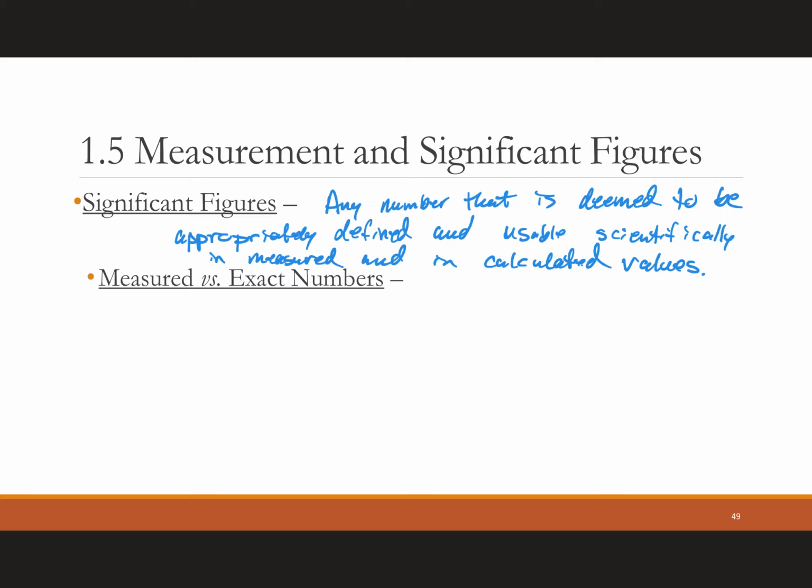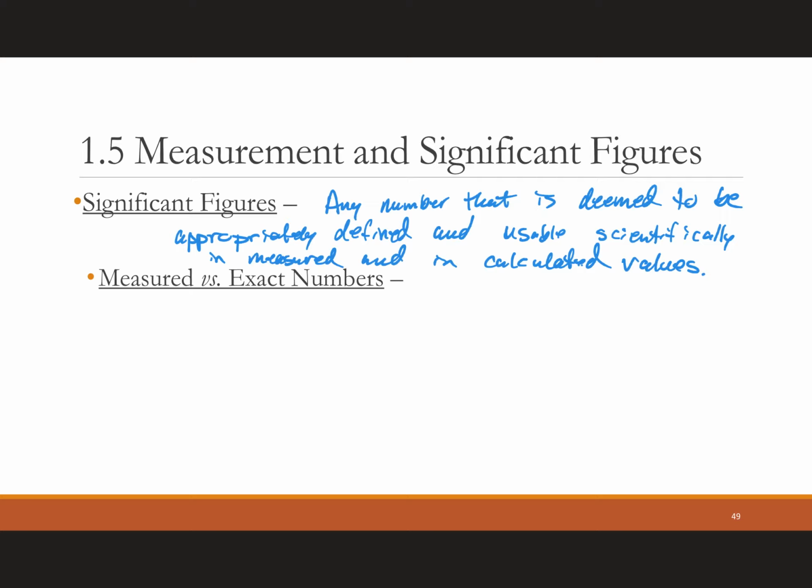All right. So a measured value is anything that uses a measuring device. Again, a ruler, a scale, a thermometer, a clock. Those could be things that you're measuring.